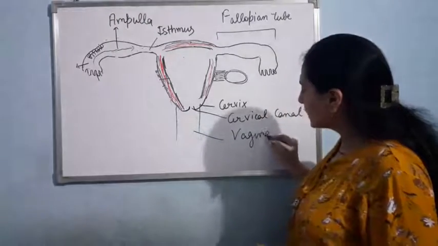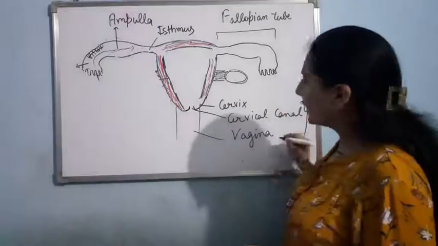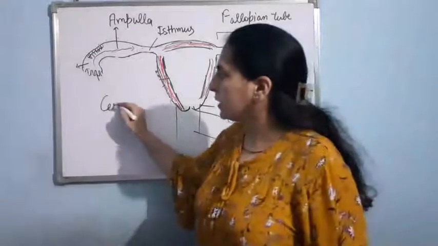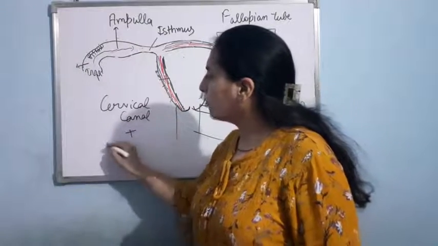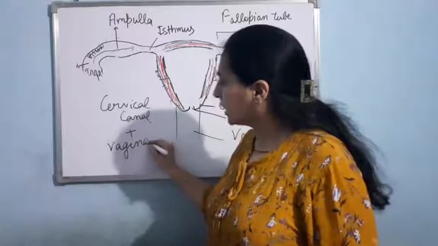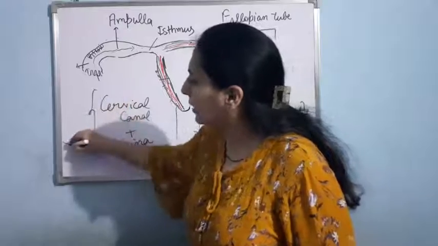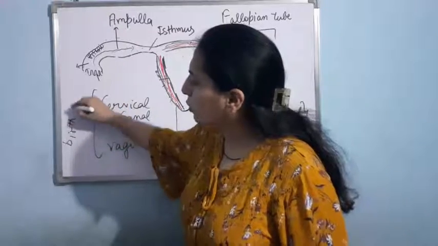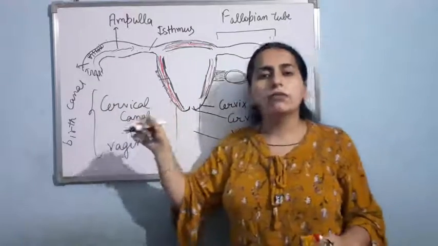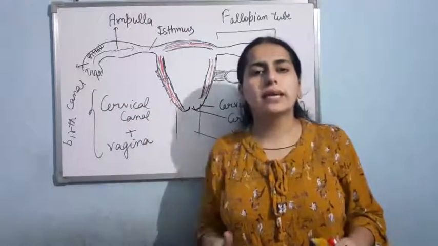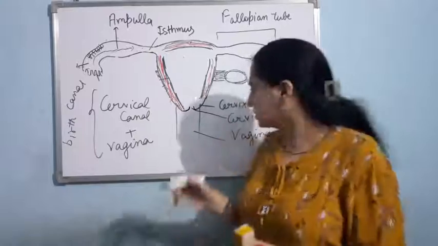So basically I can say the cervical canal and vagina are forming the birth canal. Now can you just think why? Why these two are forming birth canal? Because this is a canal from which the parturition will take place. The baby will get the birth.